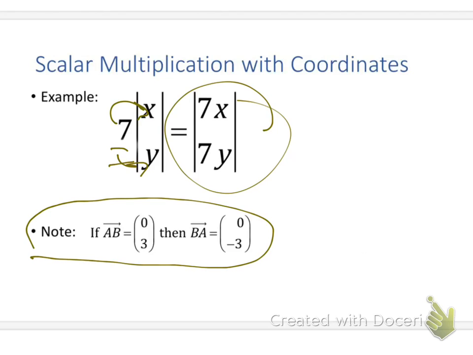If you know the coordinates of AB, you also know the coordinates of BA. Since it's going the opposite direction, all you do is negate those coordinates. Since 0 is 0 is 0, you don't need to negate the 0, but you are negating the 3. So let's go on now to 5.3, which actually really hits matrices very hard.